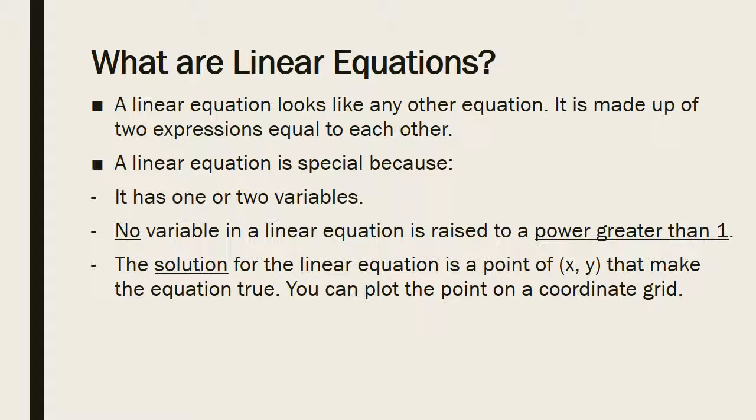The solution for the linear equation is a point that makes the equation true, and you can plot this point on the coordinate grid. So the main thing to know is that we have no power greater than 1, and that the solution is a point that we can graph on the grid.